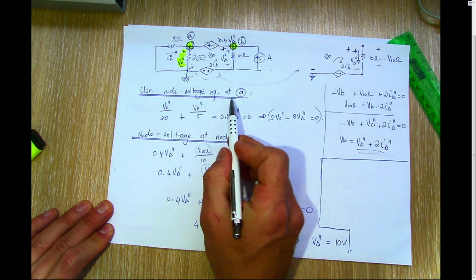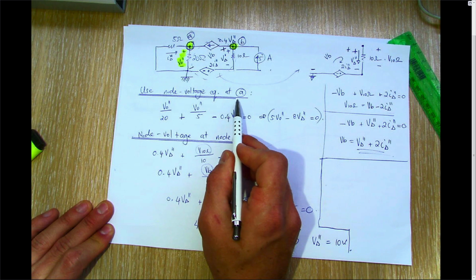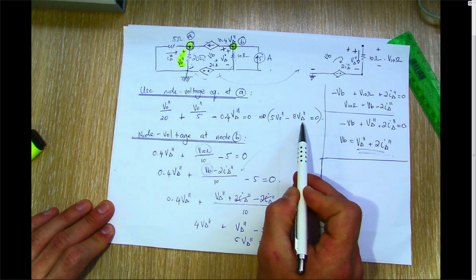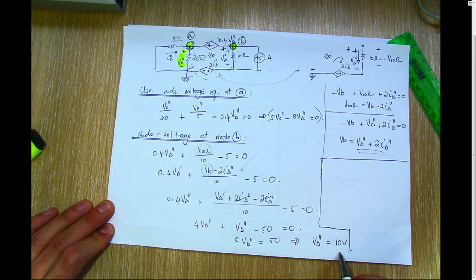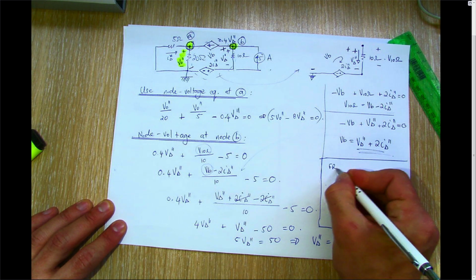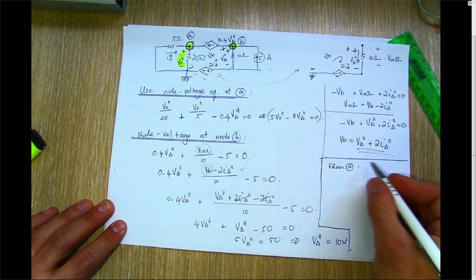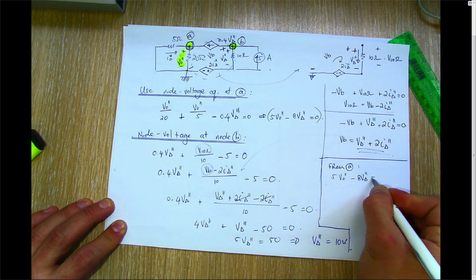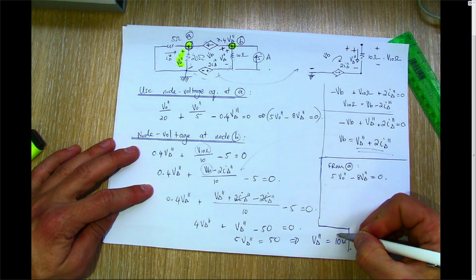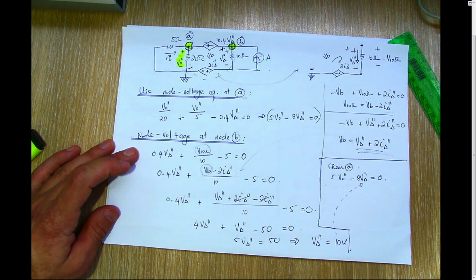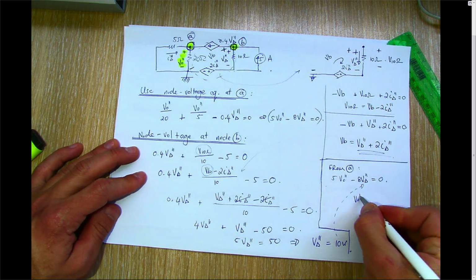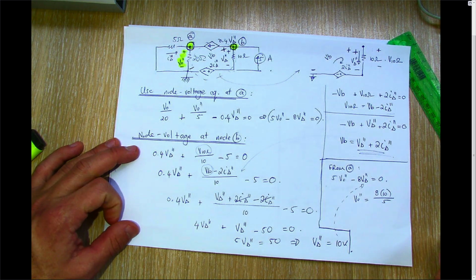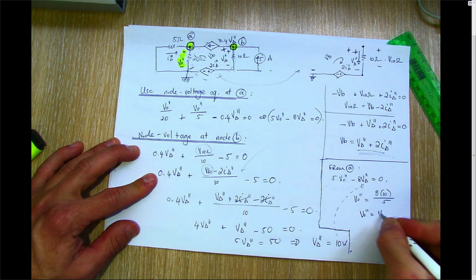Remember, the node voltage equation that we calculated at node A. Node A is here. We have 5 V0 double prime minus 8 V delta double prime is equal to 0. I have my value for V delta, so we say from A, 5 V0 double prime minus 8 times 10 is equal to 0, and this I can now substitute into that. So I can say that V0 double prime is equal to 8 times 10 divided by 5. So we have V0 double prime is equal to 16 volt.